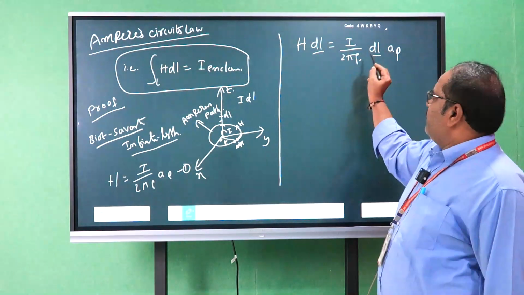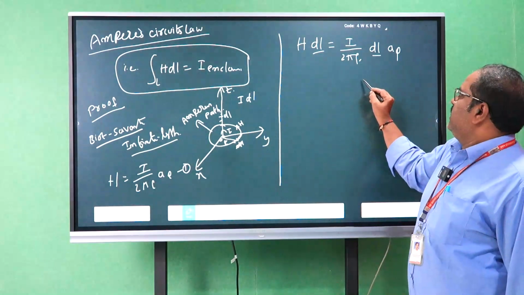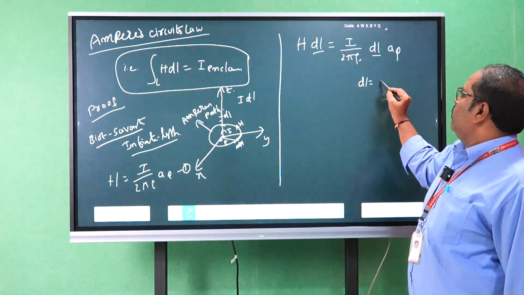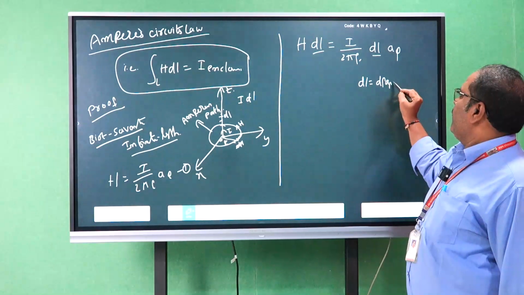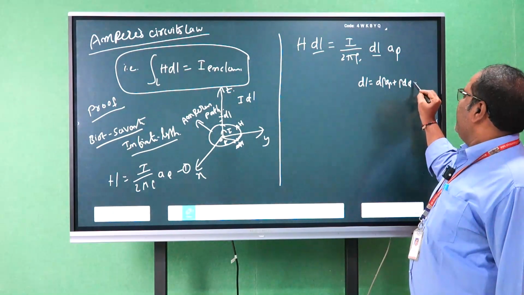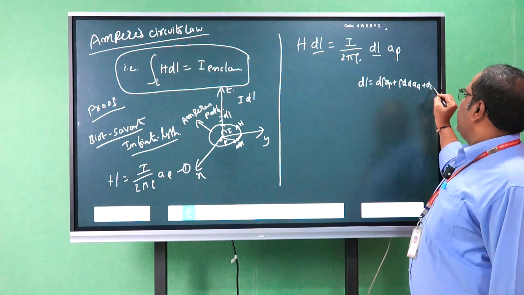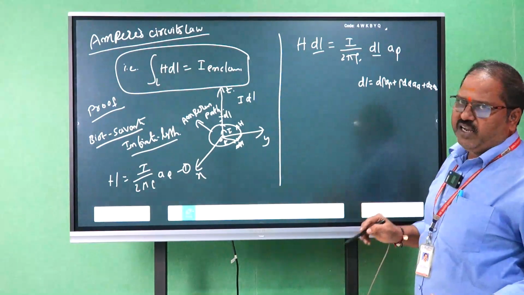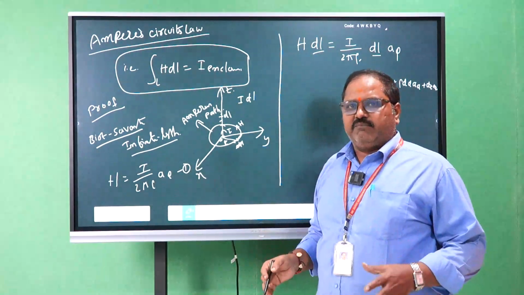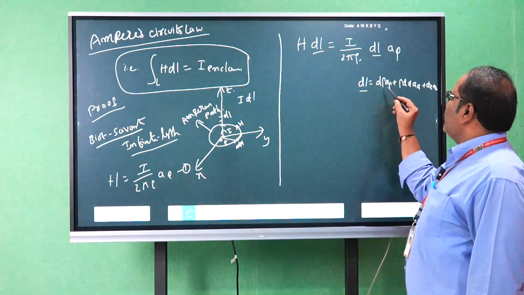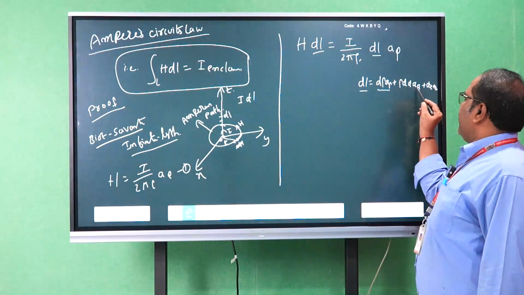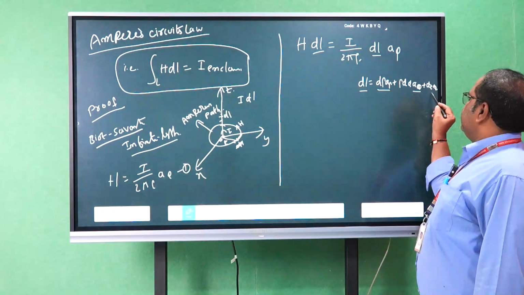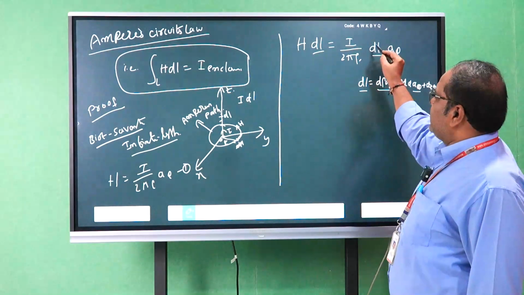The differential element along the rho axis: dl is equal to d rho a rho plus rho d phi a phi plus dz az. It's a very, very important formula for the cylindrical coordinate system. The differential element dl has rho, phi and z components.